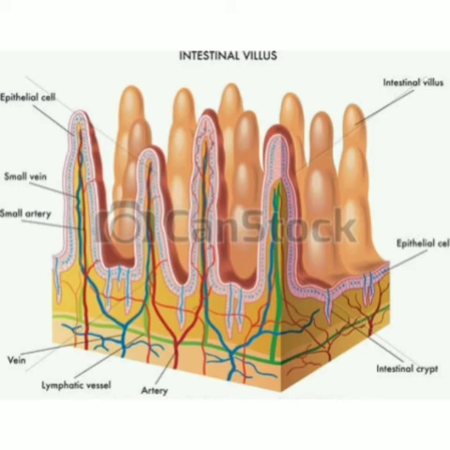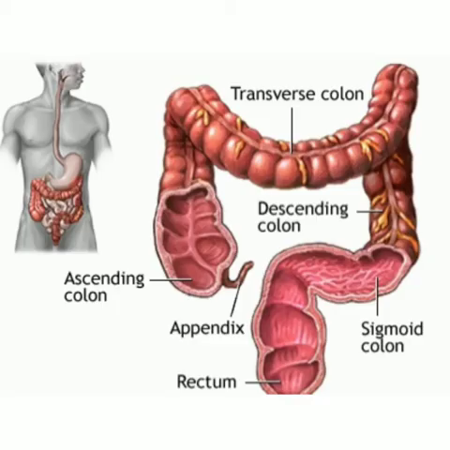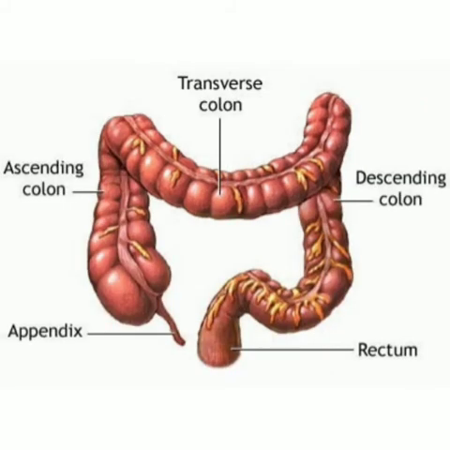After assimilation, the excess food, which is rich in roughage, will be moved down to the large intestine. In the large intestine, excess water will be absorbed.